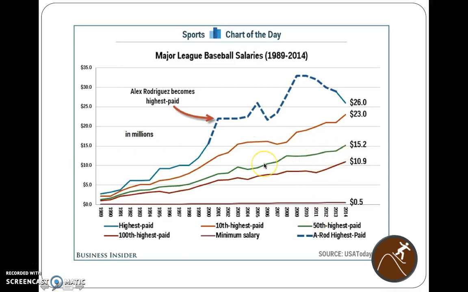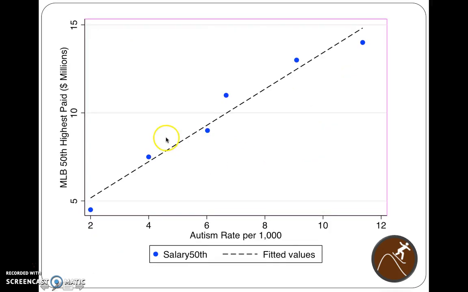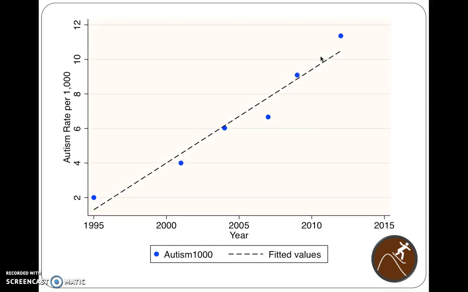Using this green line, you can see as you put the baseball salaries for that year with the autism rates for that year, there is a strong correlation between the baseball player salary and the autism rate per 1,000. Now, I don't think that the baseball player salary is causing autism, but you can see there is a statistical correlation, and we can test that statistical correlation to see how strong it is.